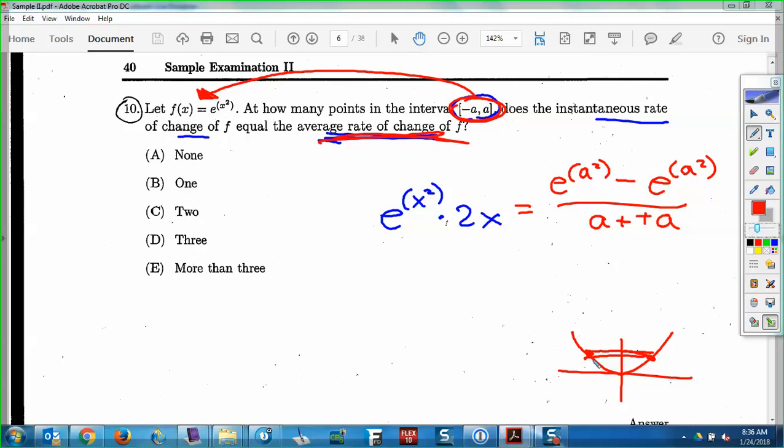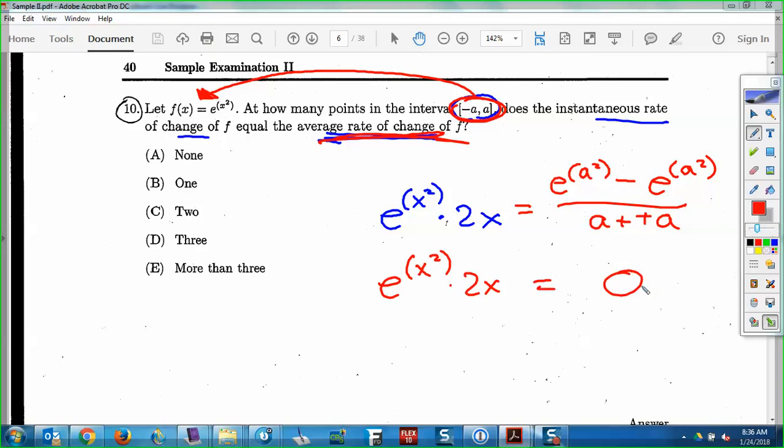The slope is 0. Makes sense. Here's negative a, here's a. They have the same y value, so the slope between them is going to be 0. Okay, so at how many points in between are those equal? In other words, it's just like saying when is e to the x squared times 2x equals 0. That's what we've got to solve.